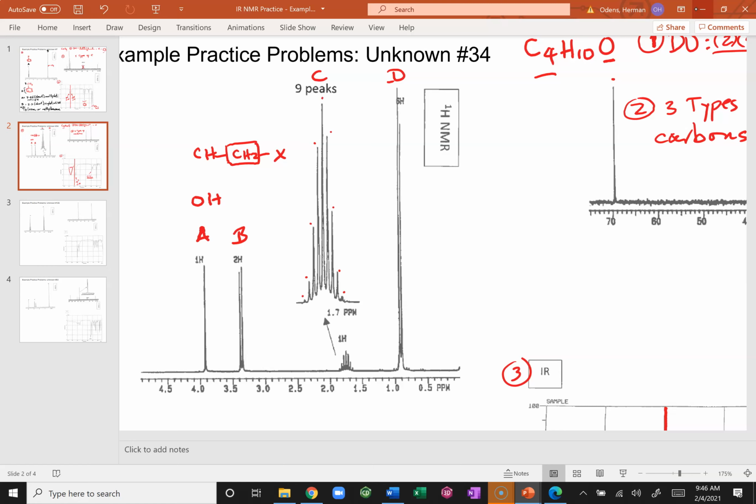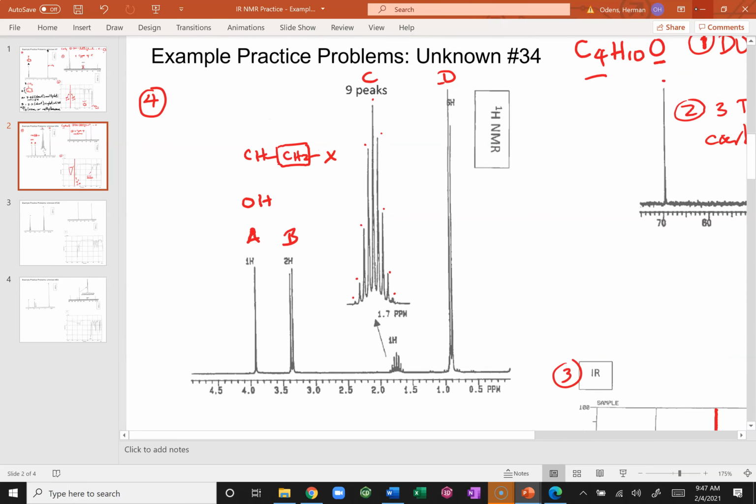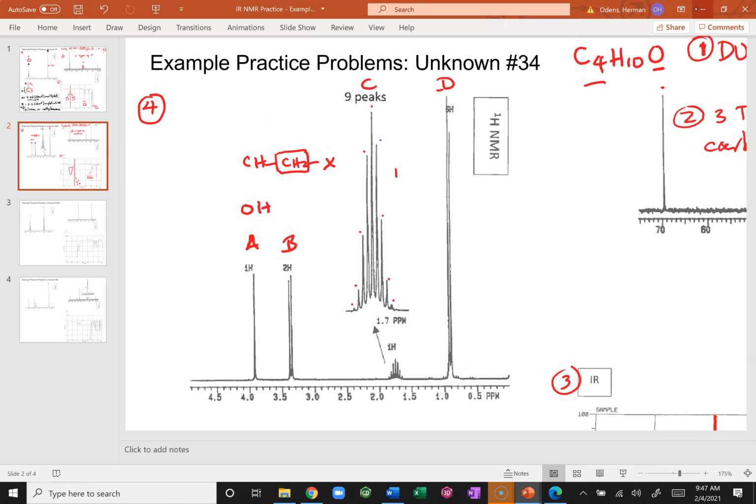All right? So 9 peaks means what? How many neighbors do you have? 8. So there's only one combination to have 8 neighbors. And it's this one. You have your signal of interest, which is what? How many hydrogens are in that signal? It's a CH.